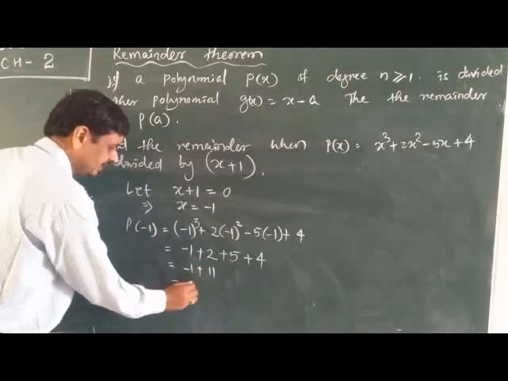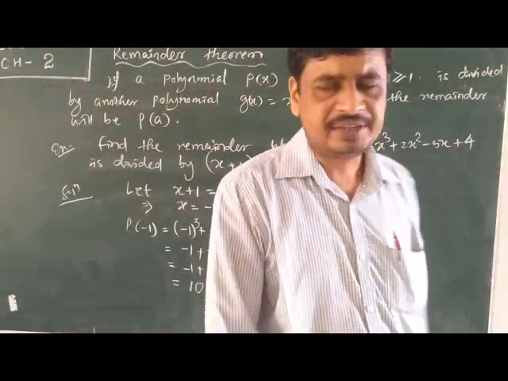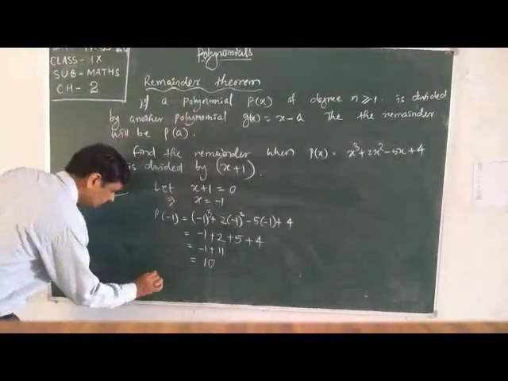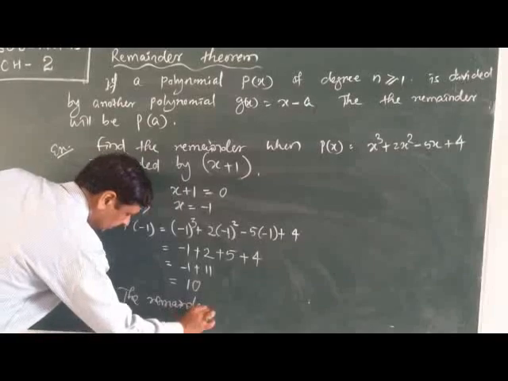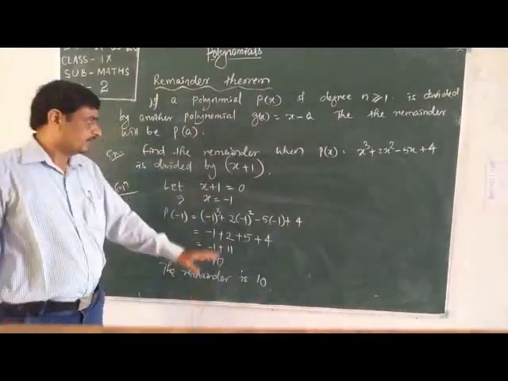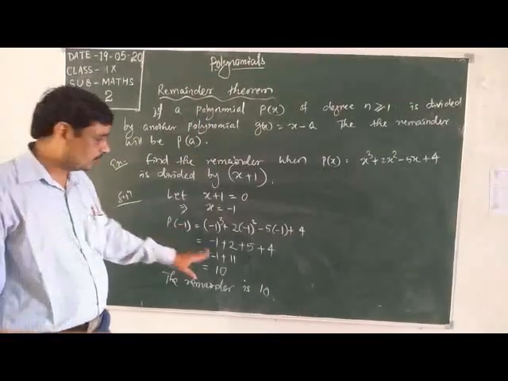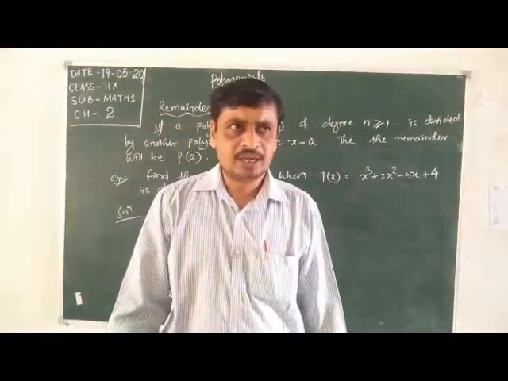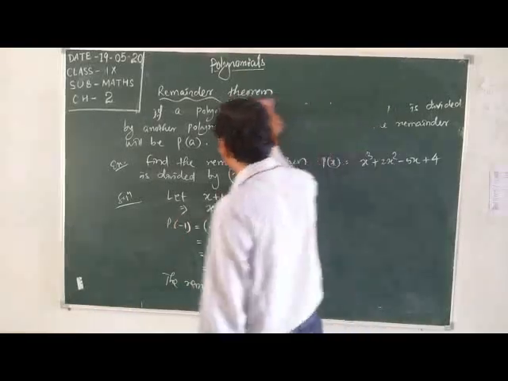Minus 1 plus 11 is 10. The remainder we obtain after the division is 10. That is, p of minus 1 is 10. This 10 is the remainder. Next, we will discuss another example.